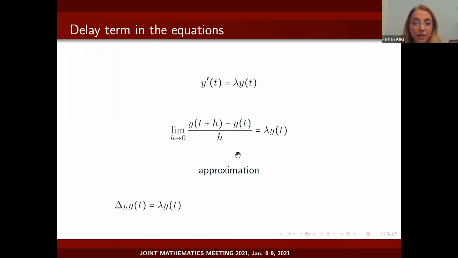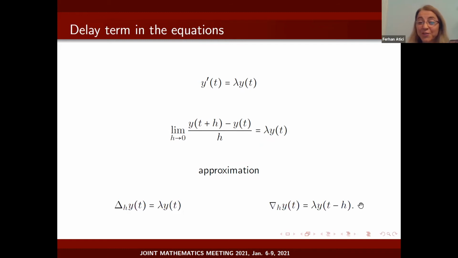When I look at the left-hand side, I do have delta h y of t. The right-hand side is the same. Then I'm going to shift both sides t, h units left. When I do that, I get this first order h difference equation with delay.